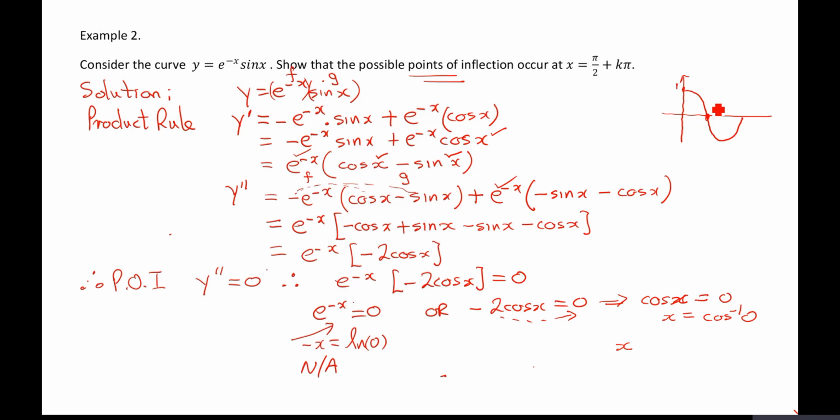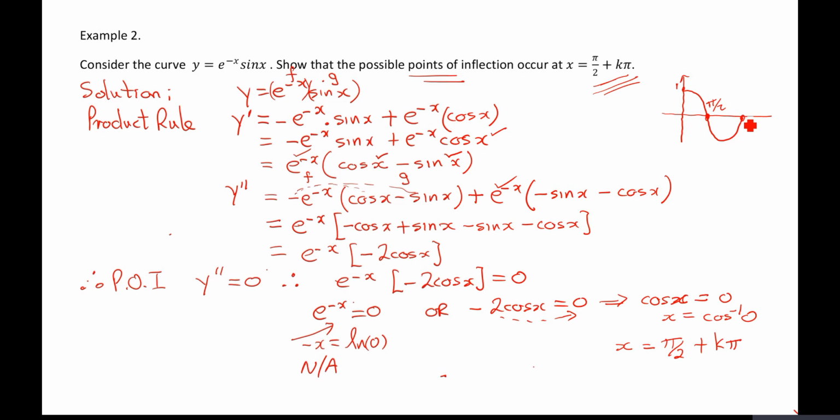What's that value? That is 90 degrees, pi over 2. However, we want the general solution. And with the general solution, where cos x is equal to 0 is pi over 2 plus k times pi.